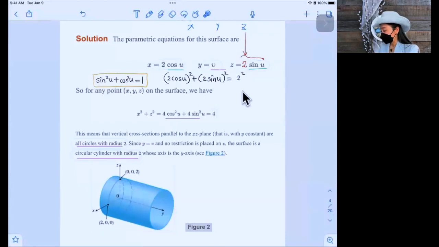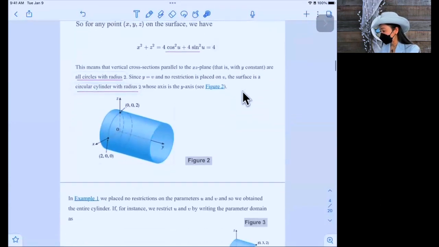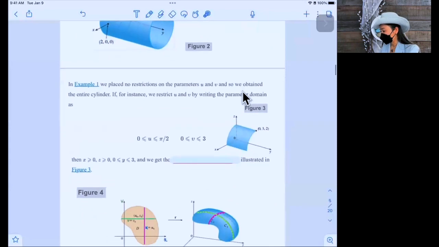If you go from 0 to pi over 2, we will get this first octant right here. And then v goes from 0 to 3, so along the y direction, y can only go from 0 to 3. Then we get this part of the cylinder.